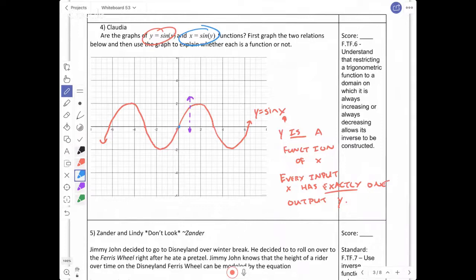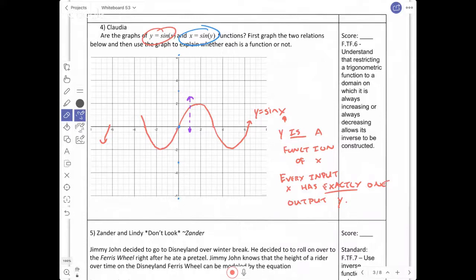I've got 0, 0 is still on there. 6.2 would be a little bit up there. Here's pi right about there. Negative pi, negative 2 pi. And it's going up to, oh shoot, I went up to 2 and down to negative 2. This is all wrong. My bad.